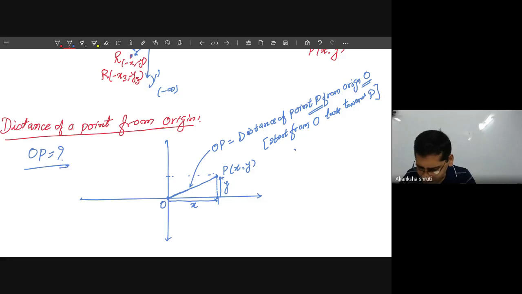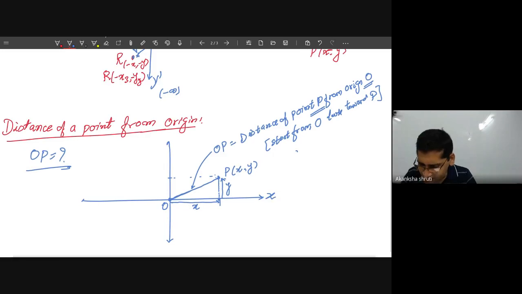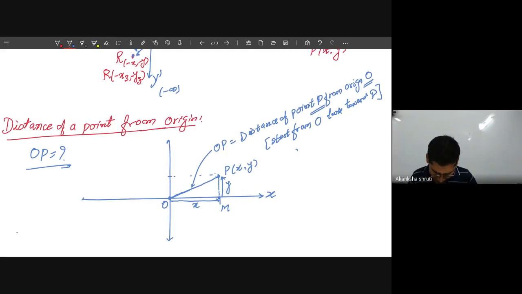But if I draw a perpendicular from P on the x-axis, let it be M, then for reaching P, I have to move from O to M, then M to P. Here it is 90 degrees.